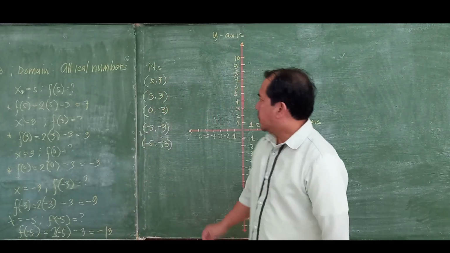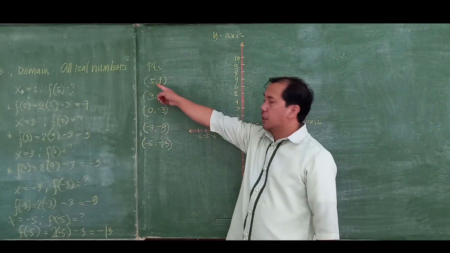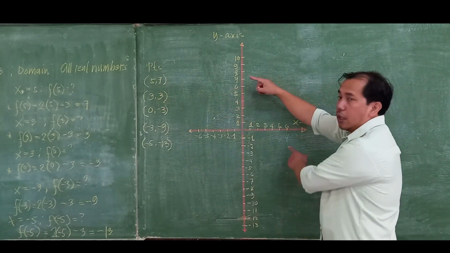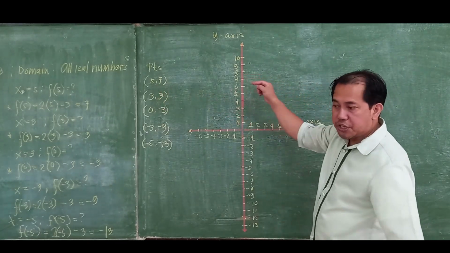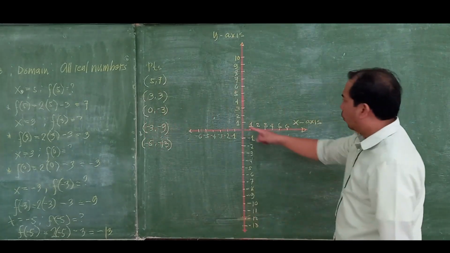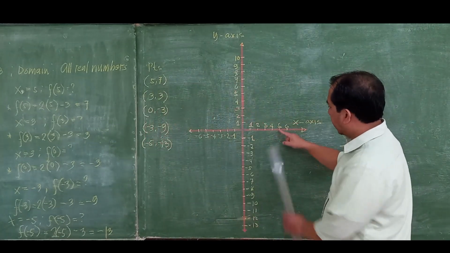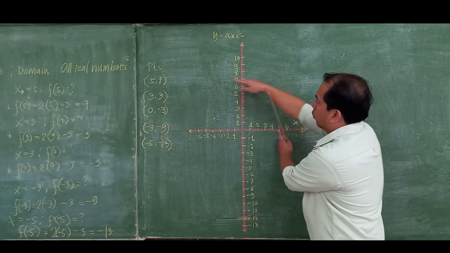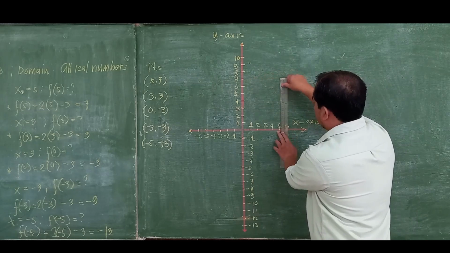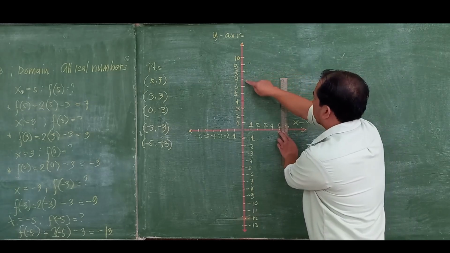Notice that point 1 is 5 and 7. So it is in the first quadrant. Our x is 5, then our y is 7. So it is located here.